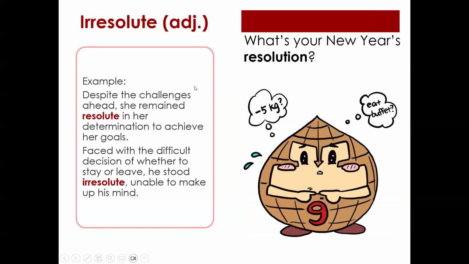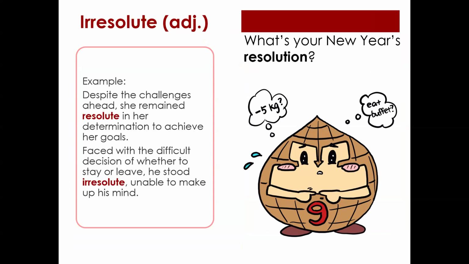All right, so we've learned four verbs with the same meaning, and now let's move on to adjectives. So an adjective that also means undecided is irresolute. I'm sure you guys have all heard of the phrase New Year's resolution, right?